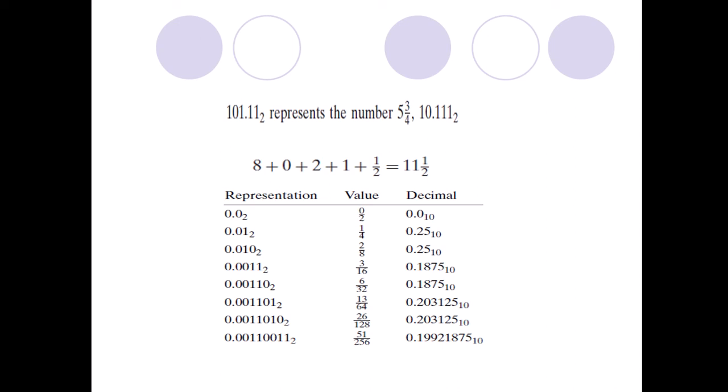If you look at the previous case, 101.11 represents the number 5 and 3 by 4, and if you look at another case, 11 and 1 over 2.